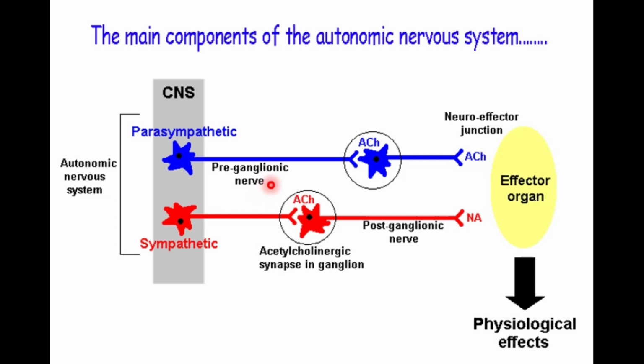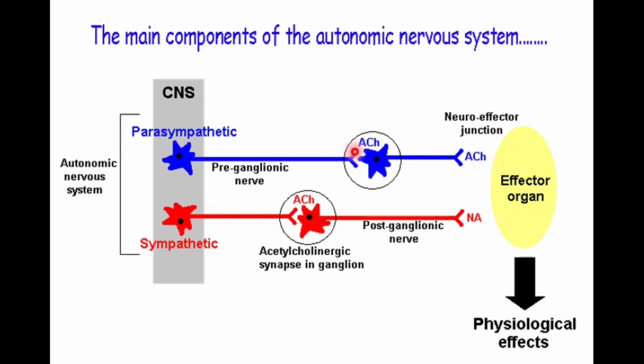The axon of the first neuron emerges from the CNS and terminates a short distance from the cell body of the second neuron.